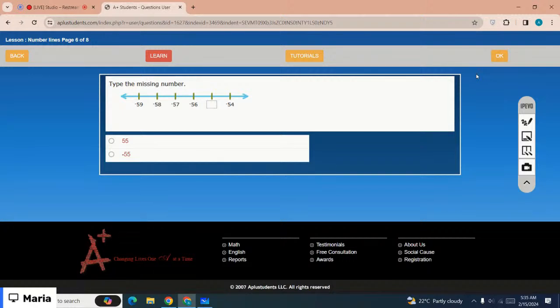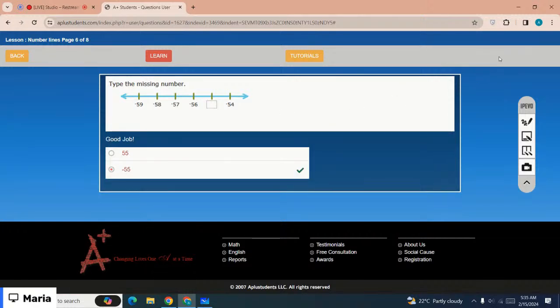Type the missing number. So, which number is missing? The missing one is negative 55, right? The correct option is negative 55.